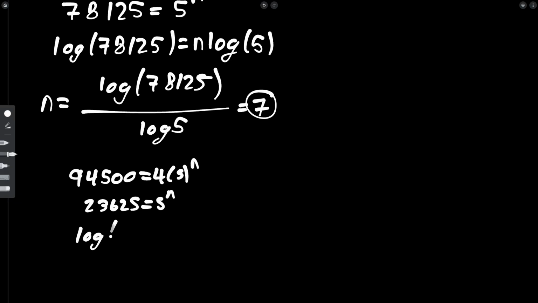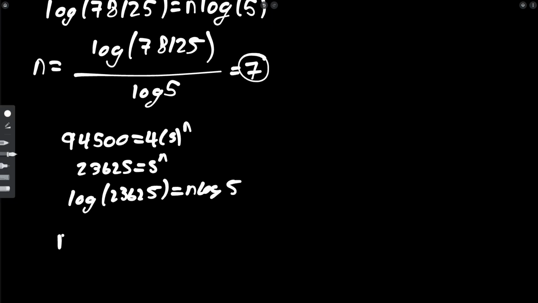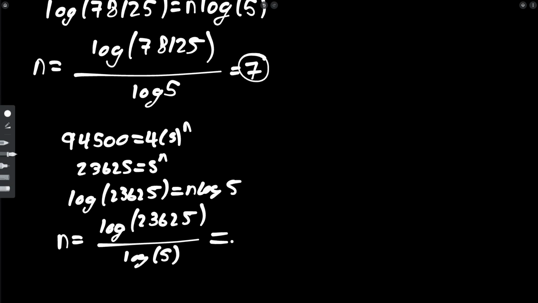And we take the log of both sides. And we get n equals log of 23,625 over log 5. Let's see if this is accurate. So we have log of 23,625 divided by a log of 5.